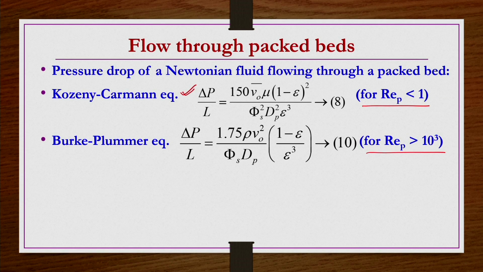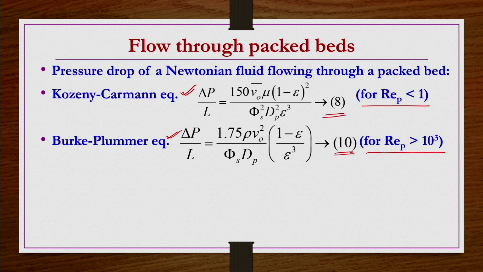So, the first equation, equation number 8, indicates the contribution of the viscous losses in the total pressure drop for a fluid flowing through a packed bed. Similarly, equation number 10 provides the contribution of kinetic energy losses in the pressure drop calculation for a fluid flowing through a packed bed under high Reynolds numbers.